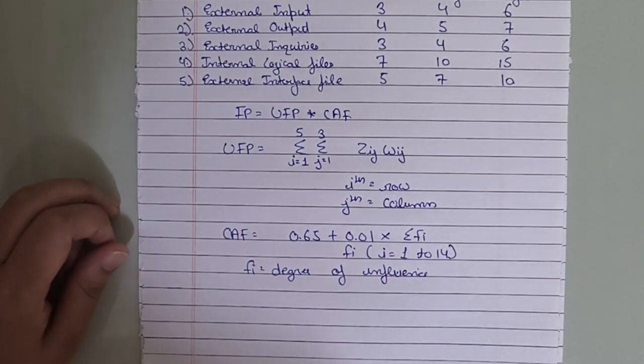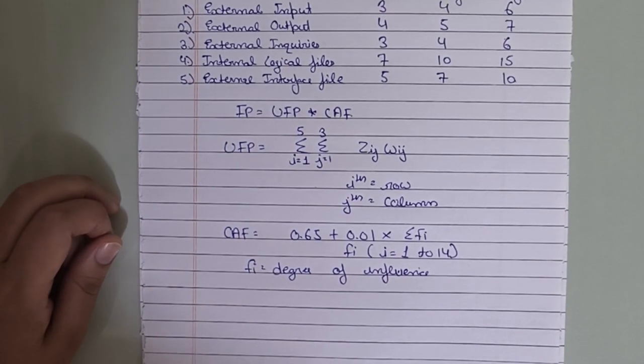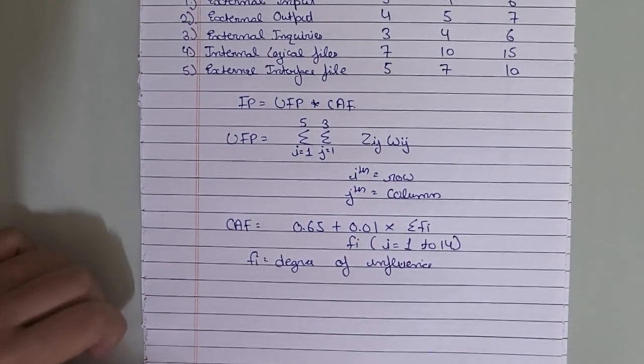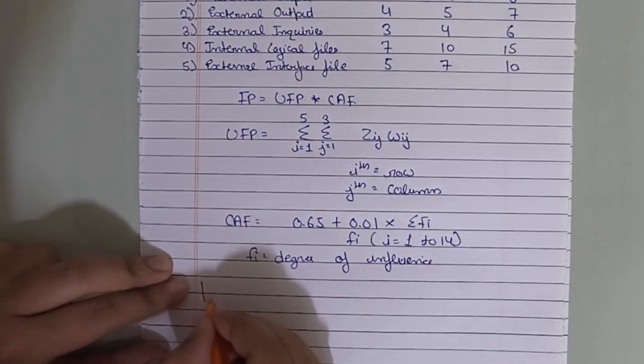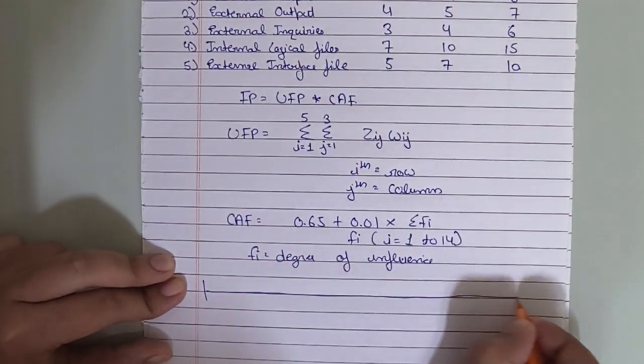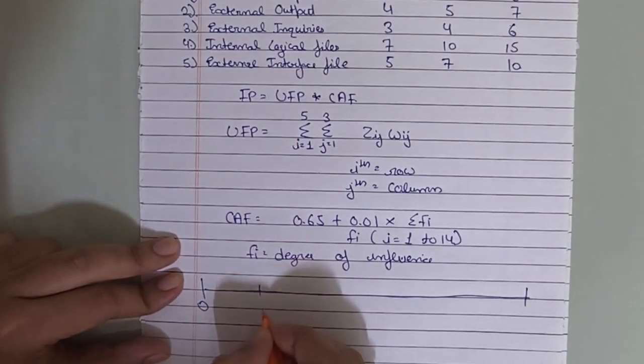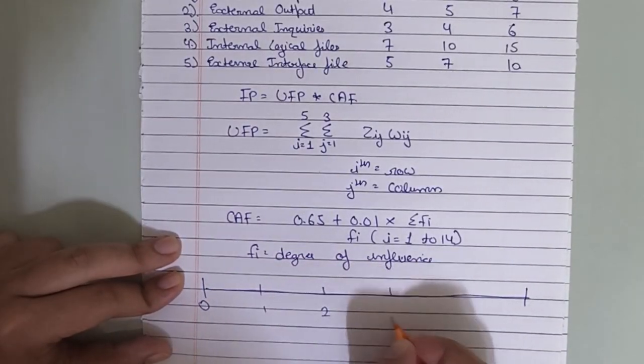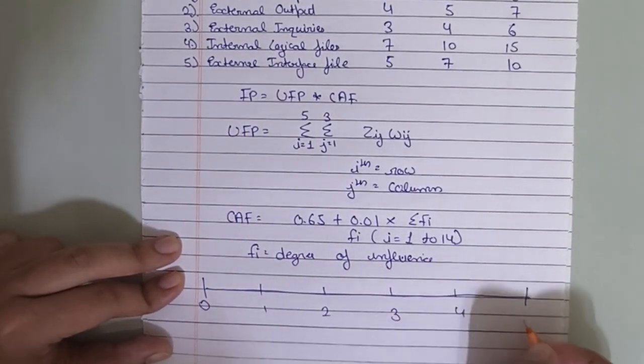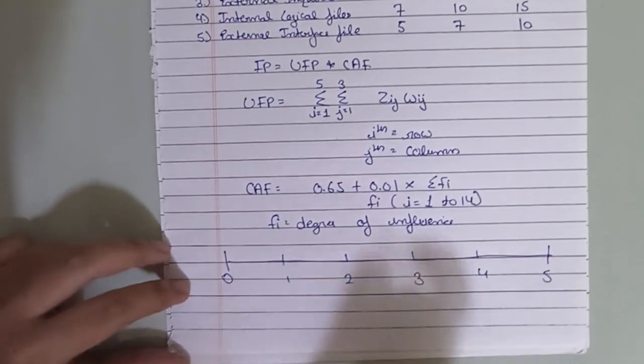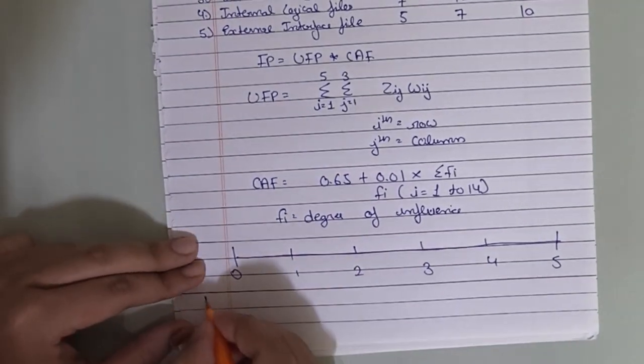which is based on the response to rate each factor 0 to 5. Here's the scale 0 to 5: 0, 1, 2, 3, 4 and 5. At 0, there is no influence.